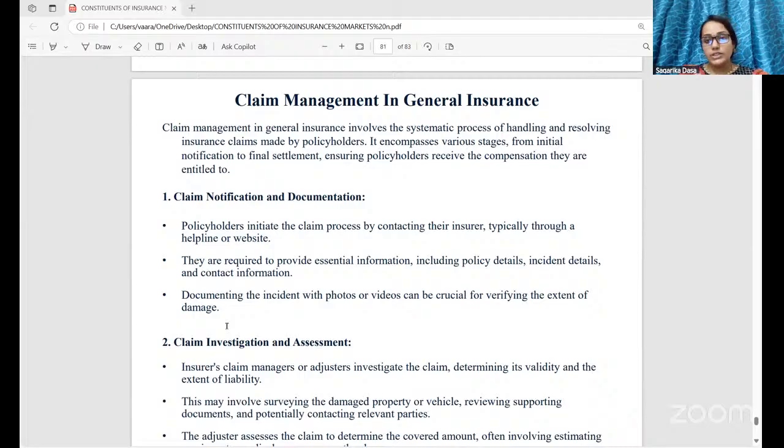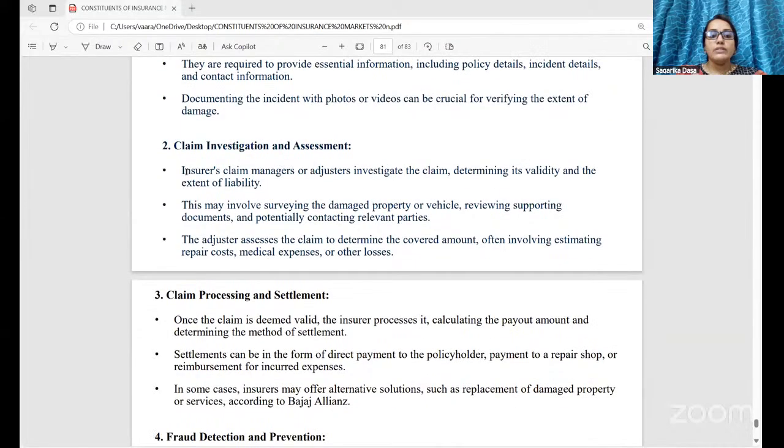Because general insurance is meant for protecting the products. Now, if any fire accident or theft happened, or any loss occurred due to a natural calamity, such photos and videos must be submitted. Now, second one, claim investigation and assessment.